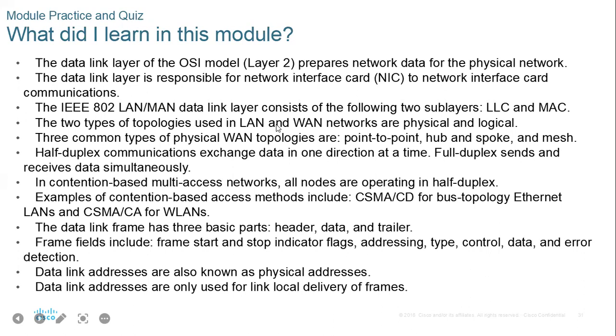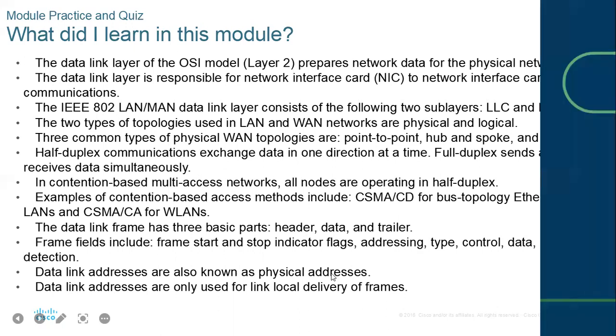Two main topologies, which is LAN and WAN. Then there are different types of topology: point-to-point, hub and spoke, mesh. I explained all of that. Then if we are to control how data is to move from point A to B, we need to see how to control that, right? The data link frame has 3 parts: the header, data, and trailer. Then our data link address is also referred to as the physical address or MAC address.